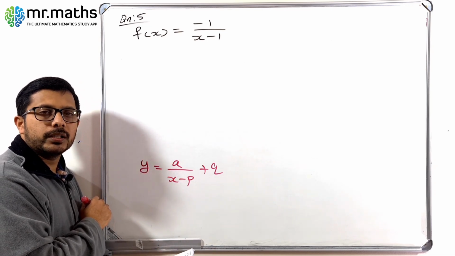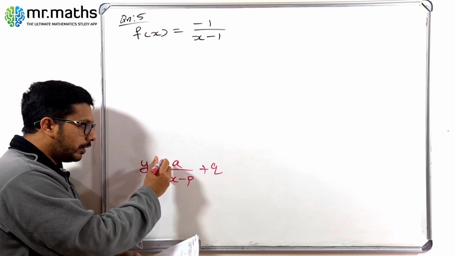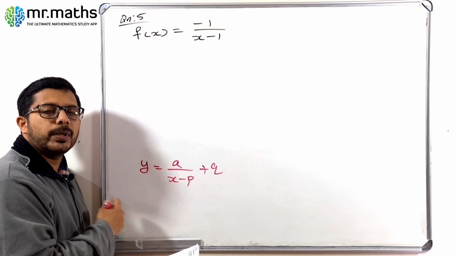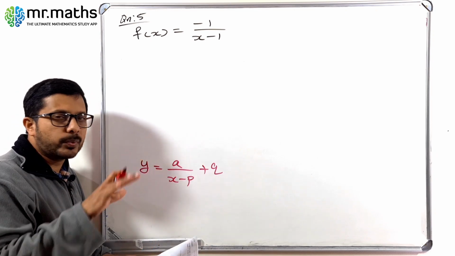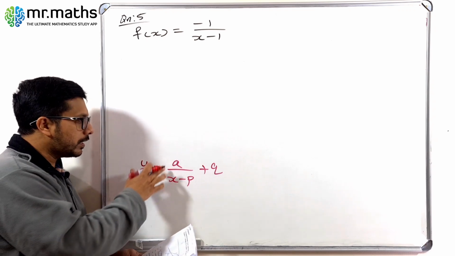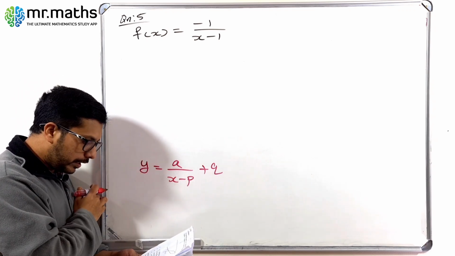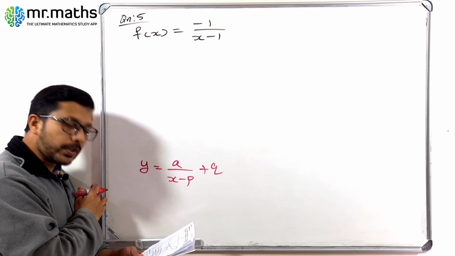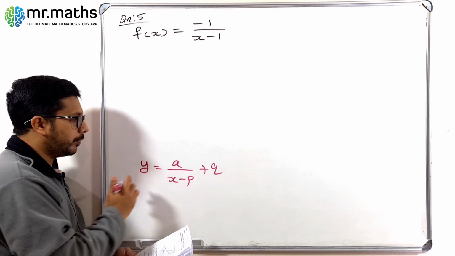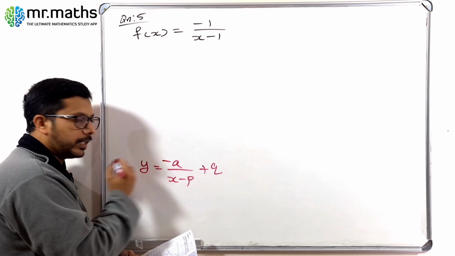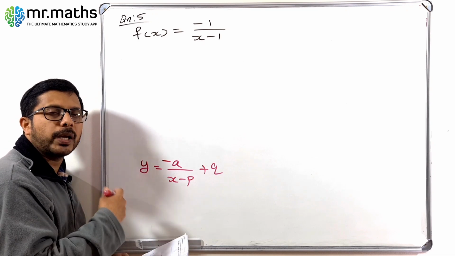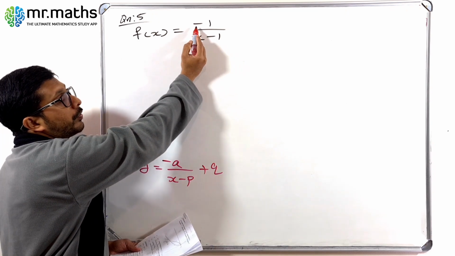Okay, now at the same time, this value of a determines what? Now I'm just explaining everything. So what is this value of a? This value of a determines the position of the graph. So it means that if here it is negative, for example minus 1, what is the value of a?